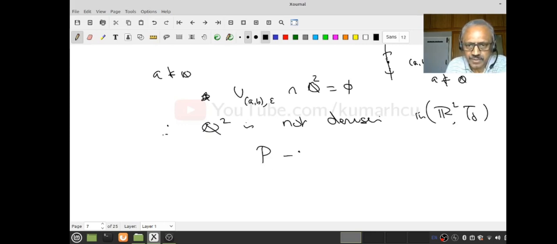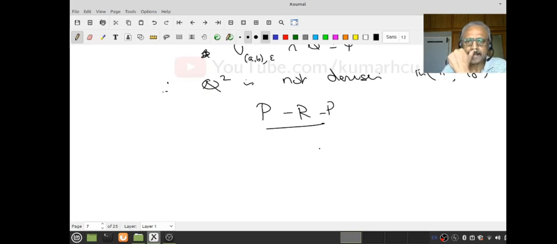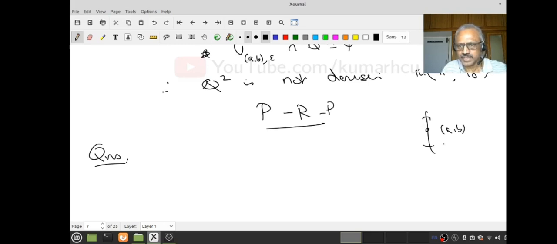But I am sure you should ask related questions. Now that I know Q squared is not dense in R2, let's look at this: you give me any A, B, the simplest open sets are of this kind. Either A is rational or A is not rational, right?